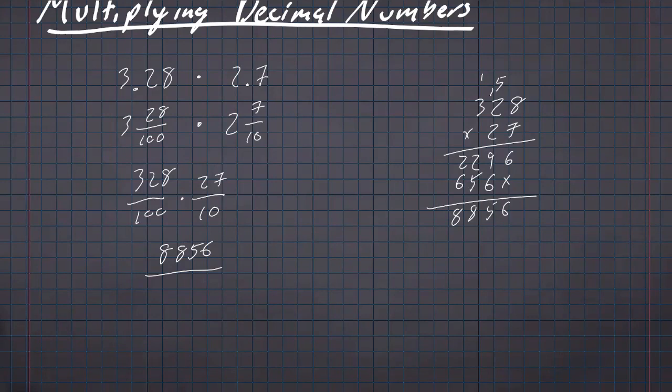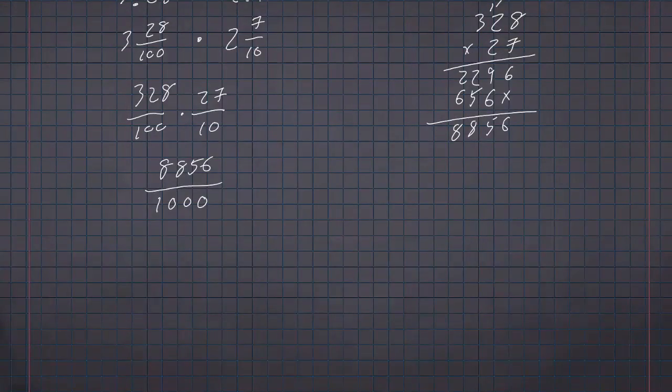But then in the denominator, I have 100 times 10, which is 1,000. Or rewriting this as a mixed number. I know I could reduce this fraction, but it's not helpful to reduce a fraction since I'm talking about decimal numbers at the end anyway.